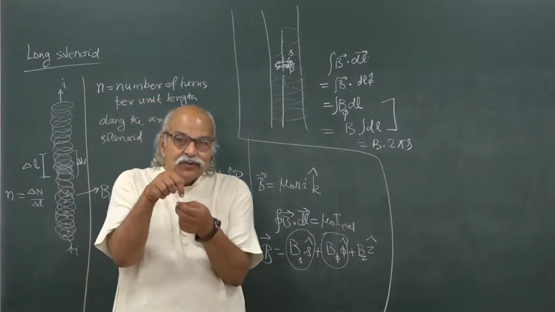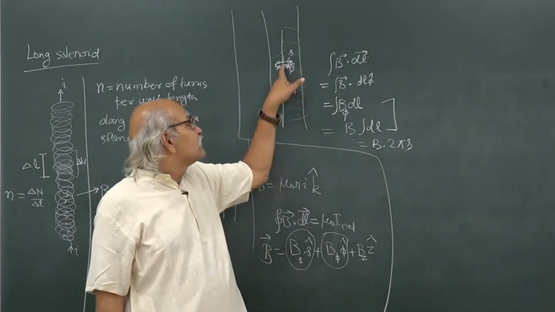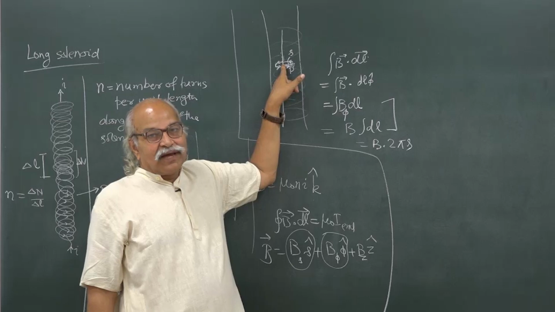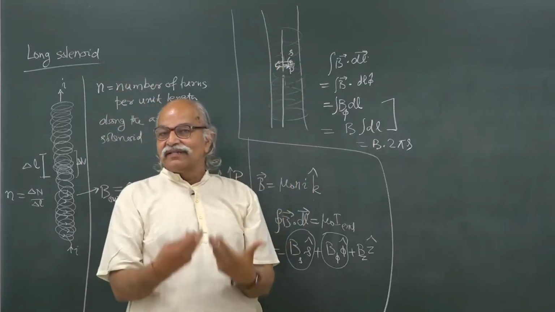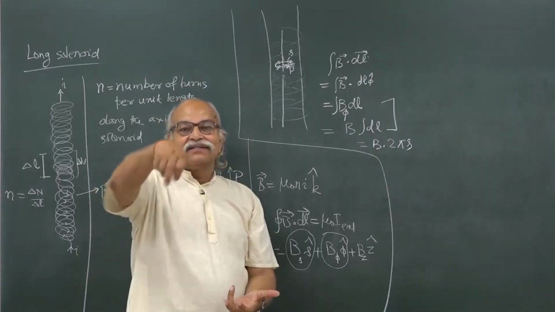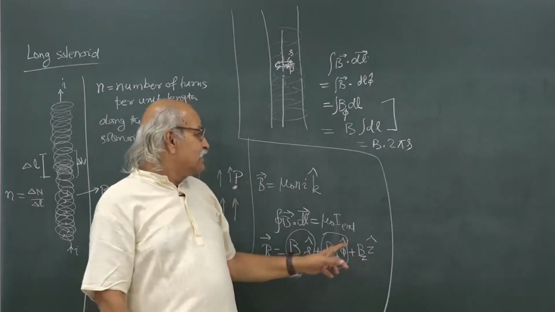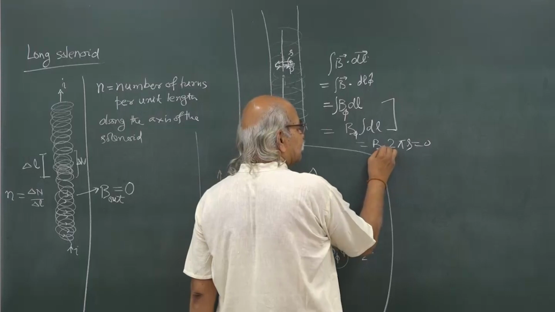What is the current going through the area bounded by this circle? Nothing, no current. Inside that volume of the solenoid, there is no current. All the current is on the surface, in the turns. So this side is 0, and therefore this B phi is 0.